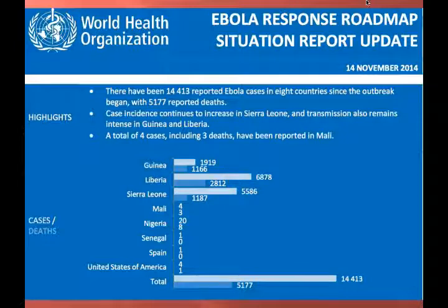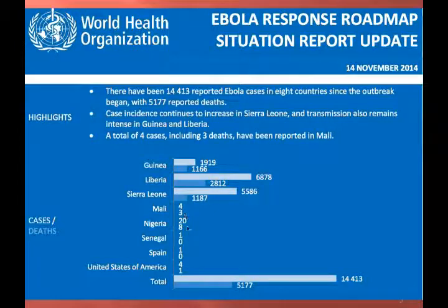This is from the World Health Organization, with data as of the 14th of November. It just gives you perspective on where this is causing problems and what we're responding to. By far, the majority of cases have been in Liberia and Sierra Leone, with Guinea after that.